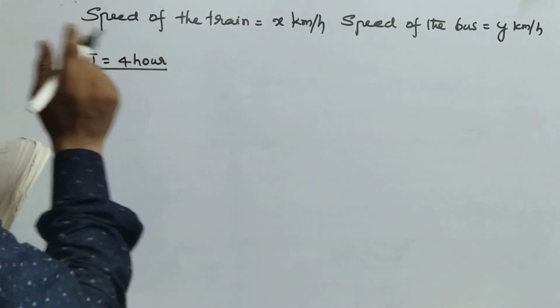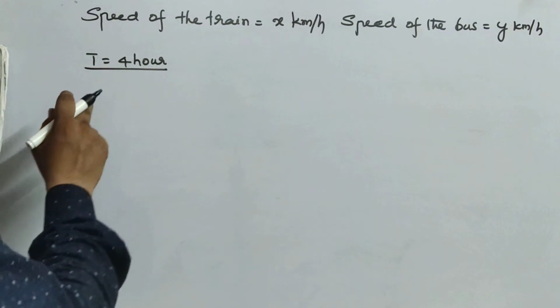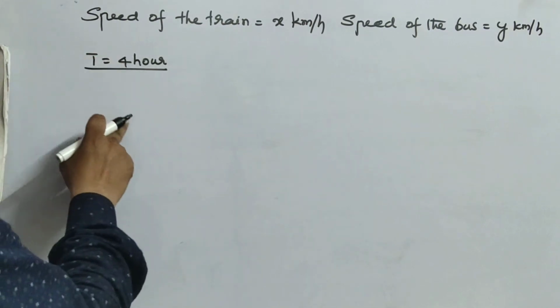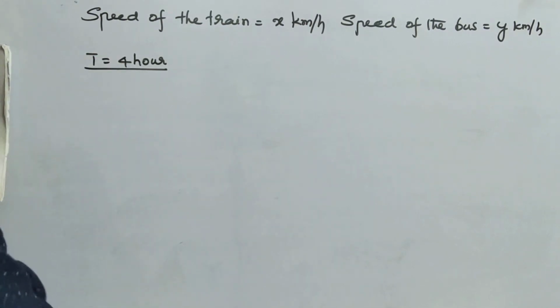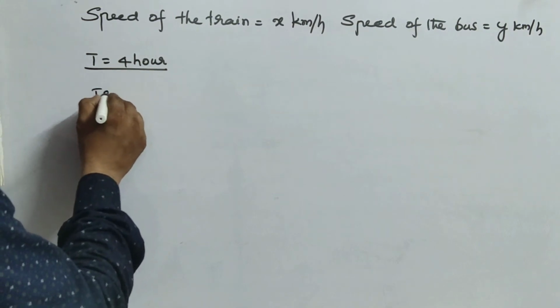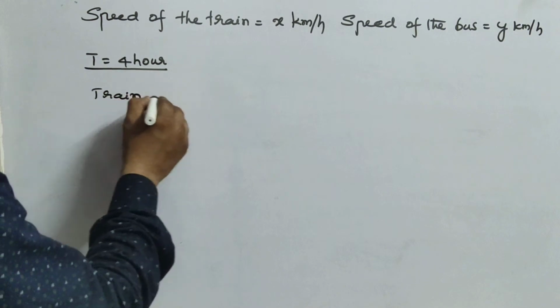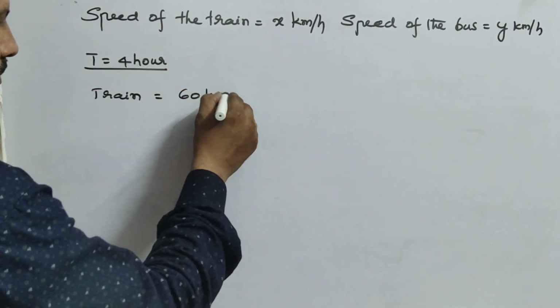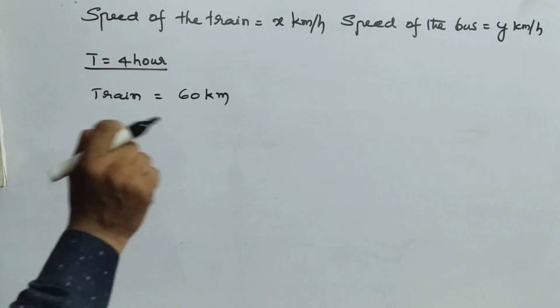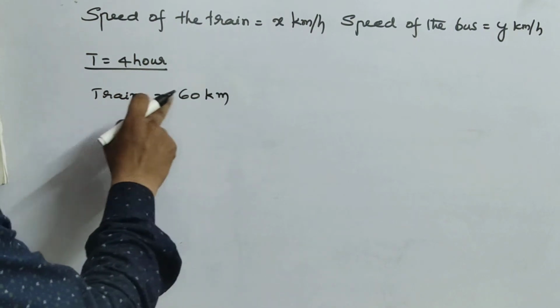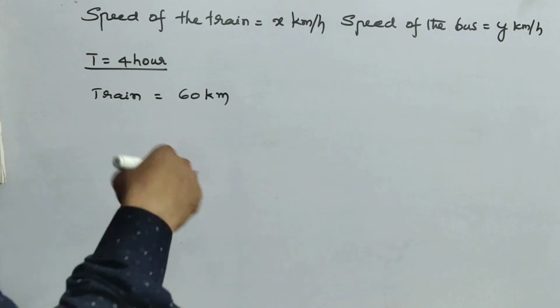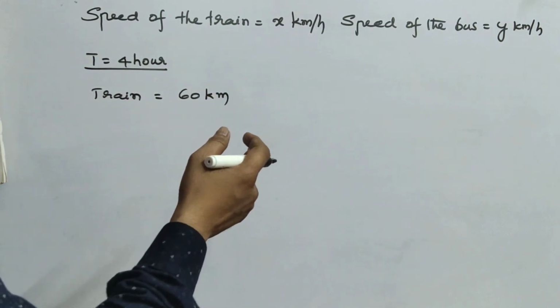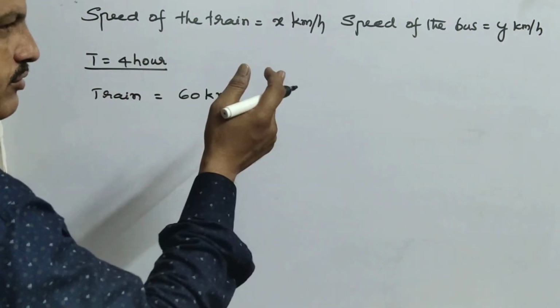In the first condition, by train how much does she travel? 60 kilometers, right? She takes 4 hours if she travels 60 kilometers by train. Out of 300, she traveled 60 kilometers by train, and the bus is the remaining.